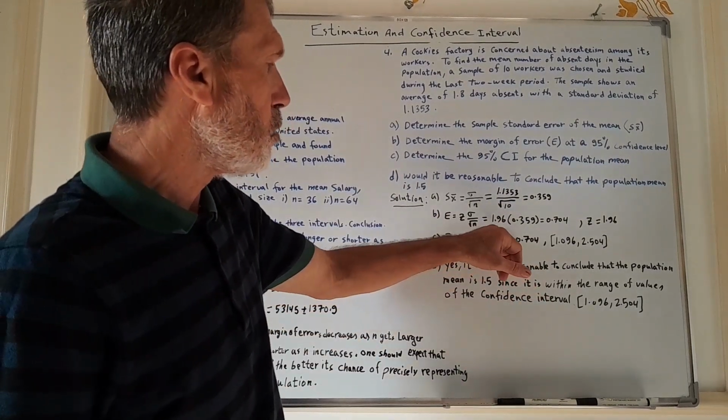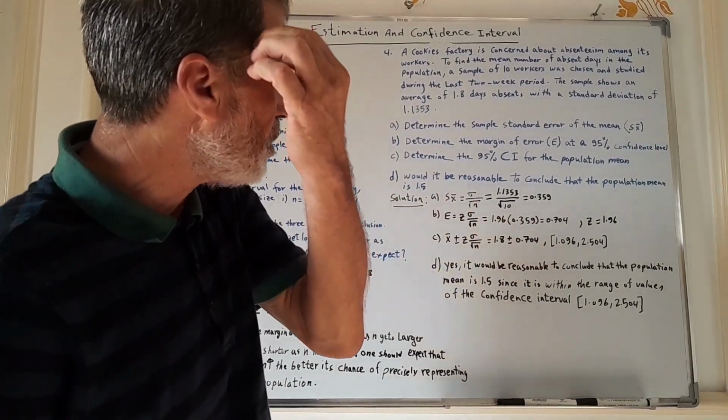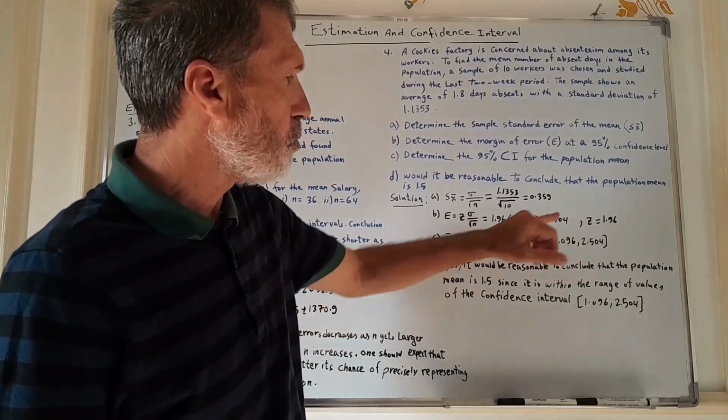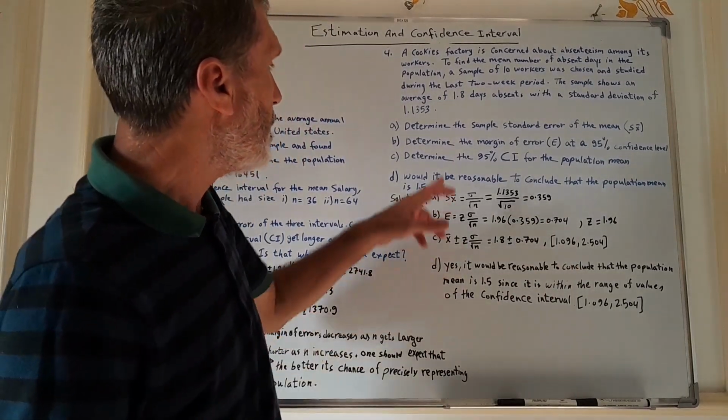So we plug in 1.96 times the standard error of the mean, and we come up with 0.704. This is the margin of error.